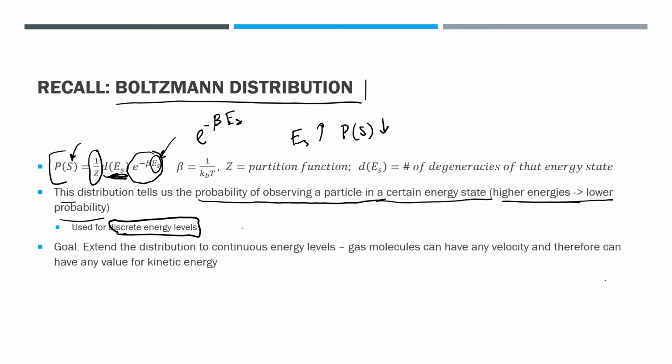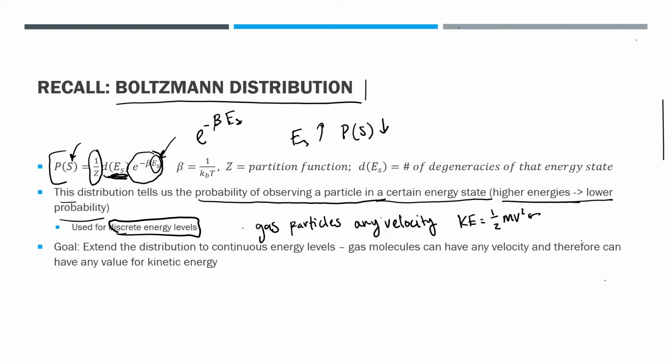But think about it this way, right? Gas molecules, what we're describing with Maxwell-Boltzmann is gas particles at a certain temperature. Gas particles can have any velocity. And remember that velocity is related to energy. How is it related to energy? The kinetic energy of a particle is equal to half mv squared, right?